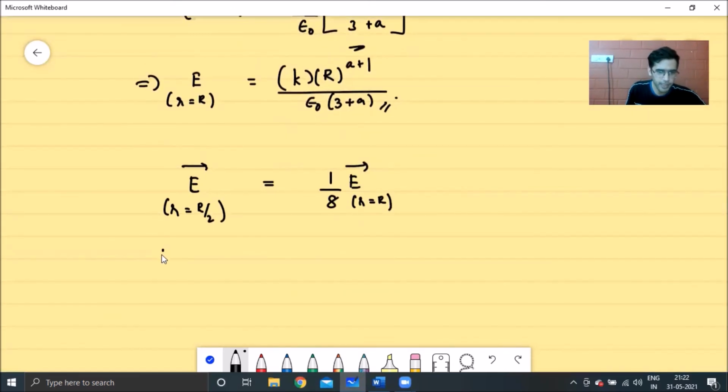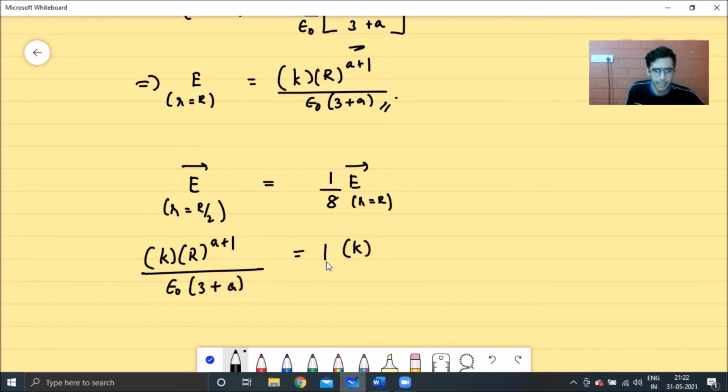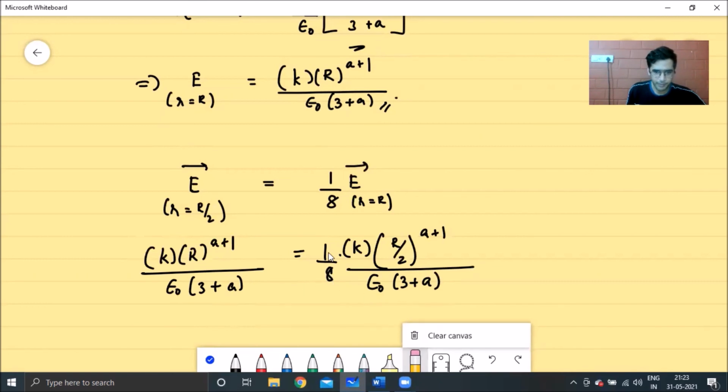So substituting the condition over here, we got this as k into r bar a plus 1 divided by epsilon naught of 3 plus a will be equal to 1 by 8 of k into r by 2 whole power a plus 1 divided by epsilon naught of 3 plus a. Right? Actually, it's the other way around. I'm really sorry, guys. It's the other way around. Let me take the 1 by 8 to the other side.